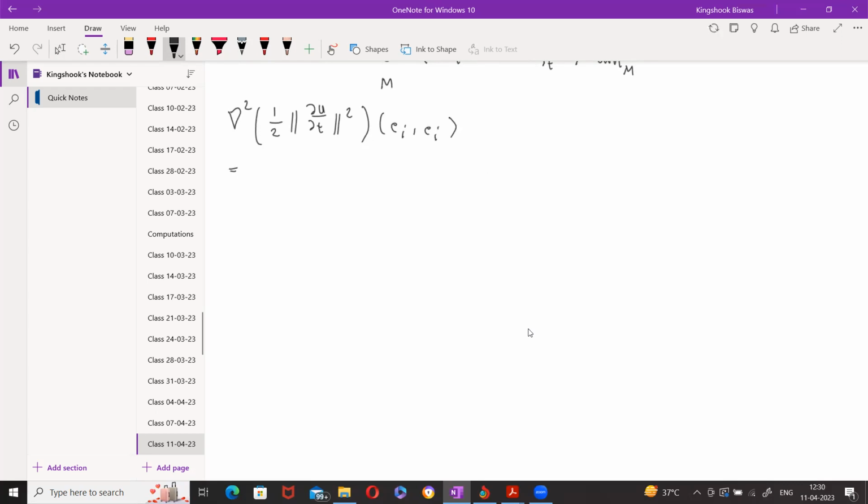It's the second derivative along a geodesic, so it is ∂/∂r at r equal to 0 of the first derivative. Here I look at u as a function of u(gamma_i(r), t), where gamma_i is a geodesic such that gamma_i'(0) equals e_i.